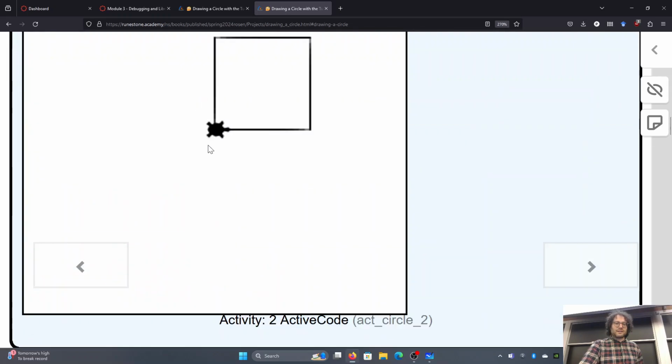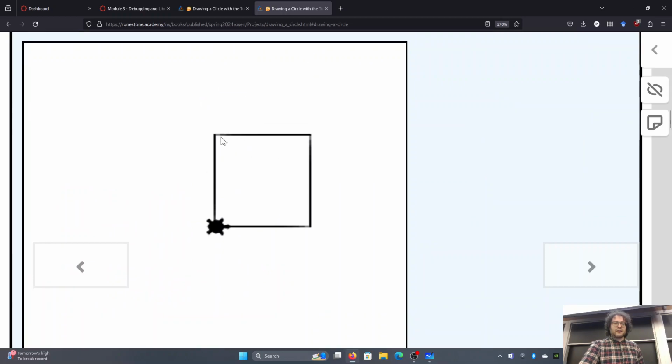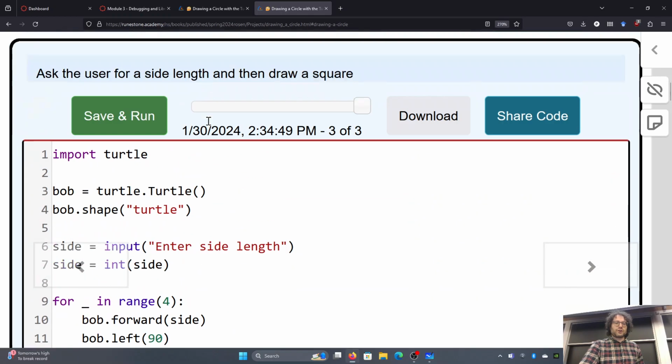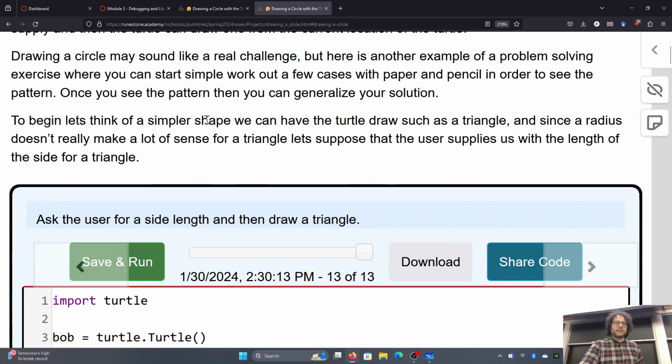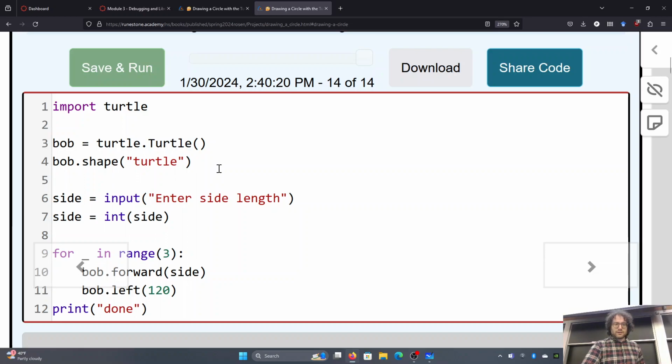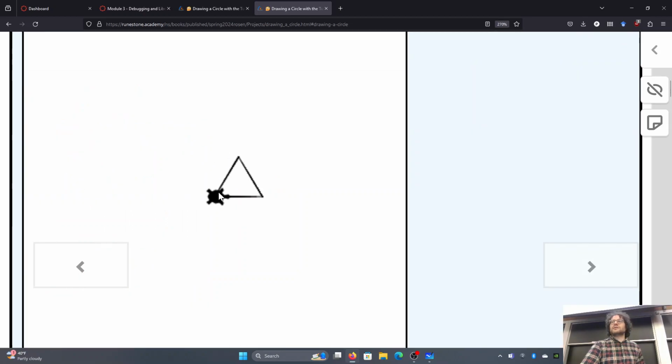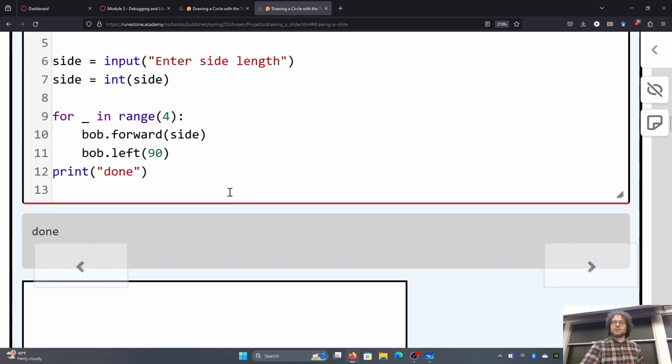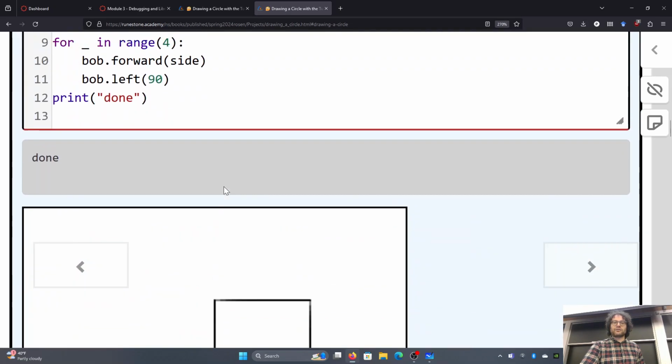The other thing to note is that the amount of total turn the turtle needs to make, be it a triangle, a square, or an octagon, is 360 degrees.